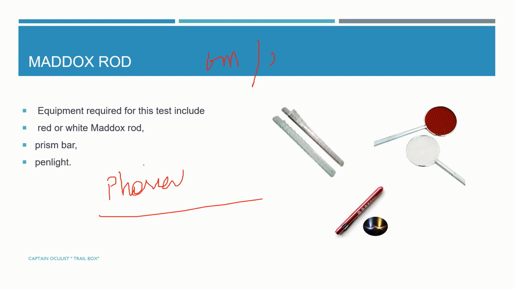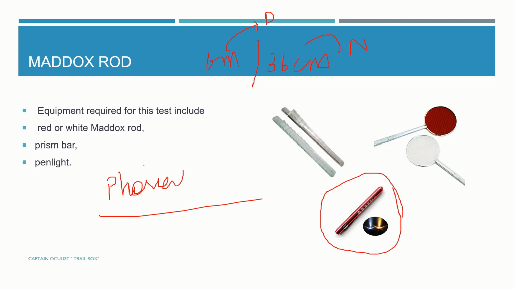This test is performed at either a distance of 6 meters or 33 centimeters. We use 6 meters for distant and 33 centimeters for near, with a bright spotlight in a dark room.